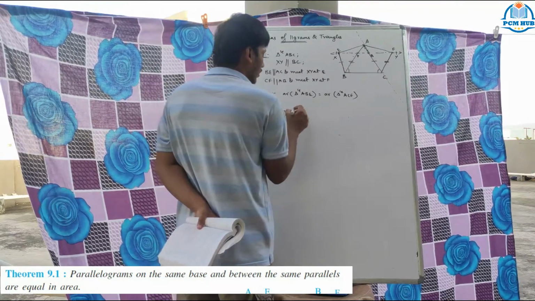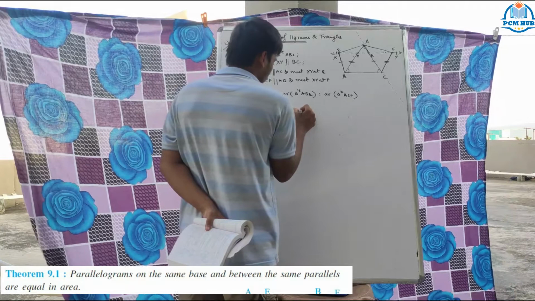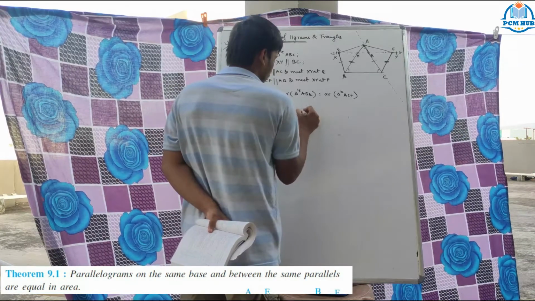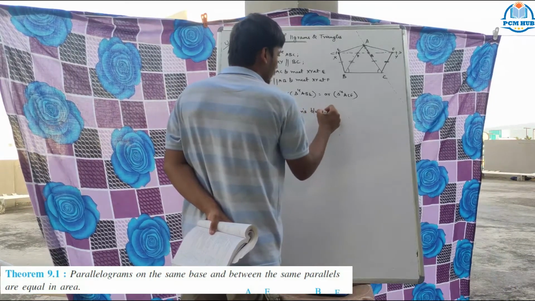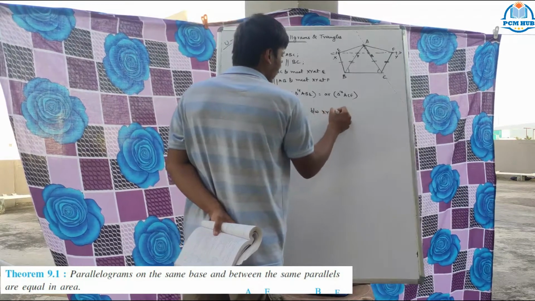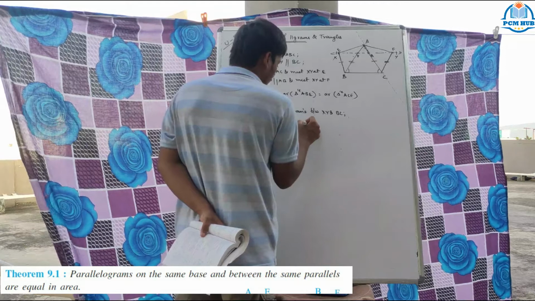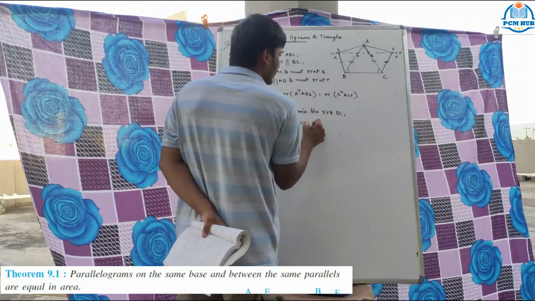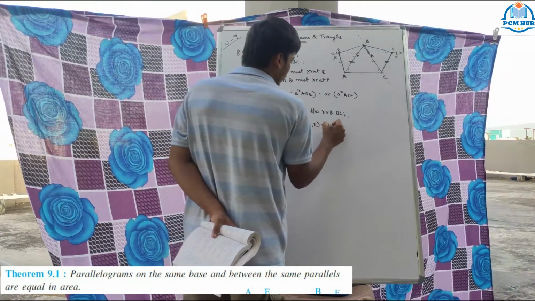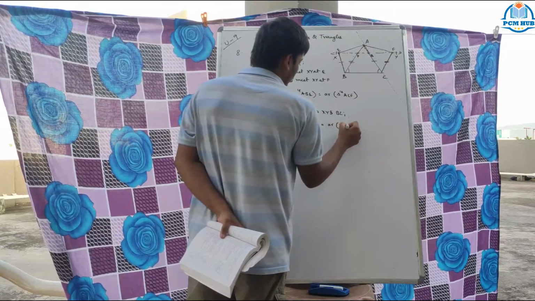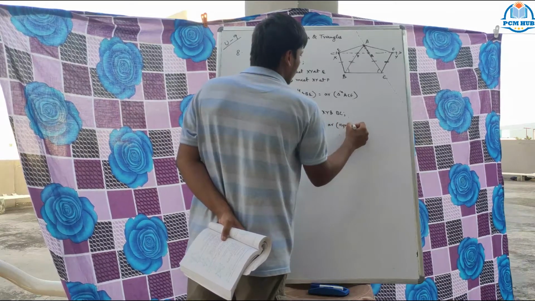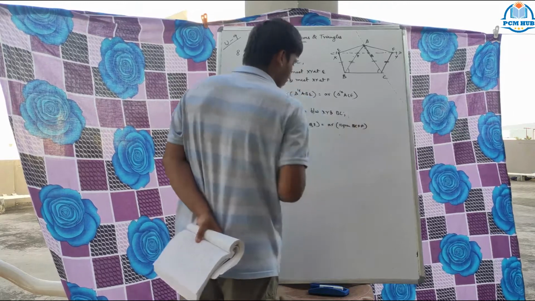In parallelograms between XY and BC, area of parallelogram BCQE equal to area of parallelogram BCFP.